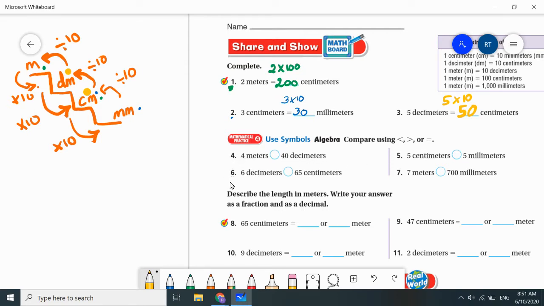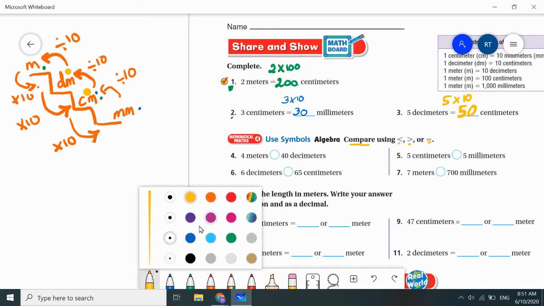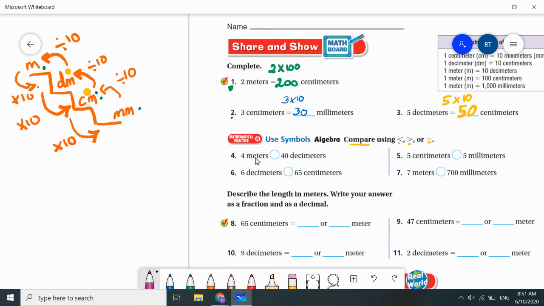Now, let's do question 4. Now, I need to compare. Compare in math, meaning that you should be using the symbols of less than, greater than, or equal. So let's compare 4 meters and 40 decimeters. So now I need to check how many decimeters are the 4 meters.